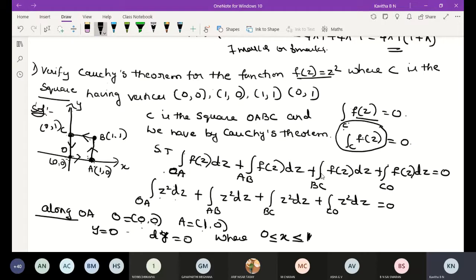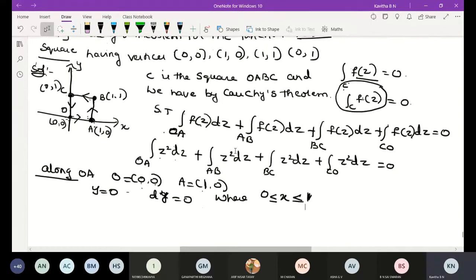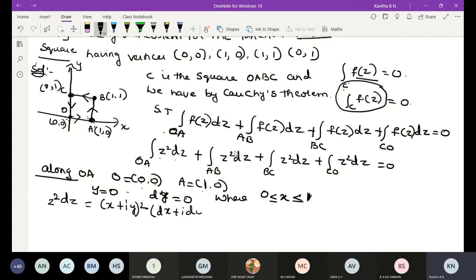Okay, now what is this z square dz? Z is x plus iy, so z square is (x plus iy) whole square, and dz is dx plus i dy.